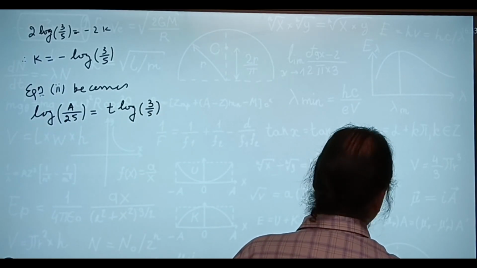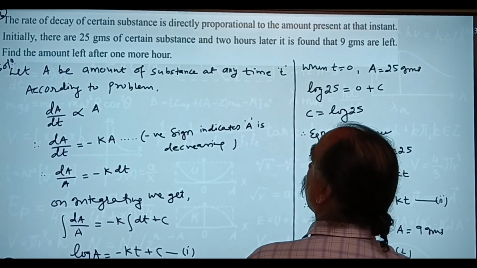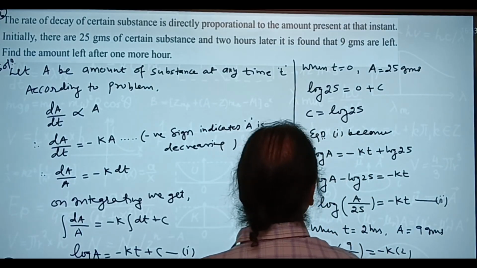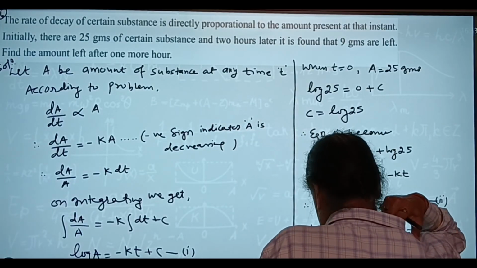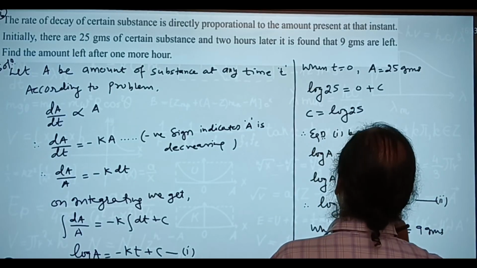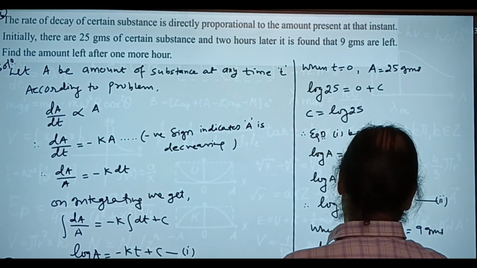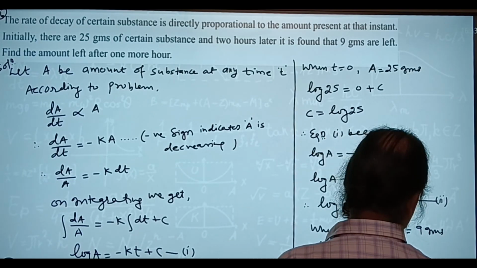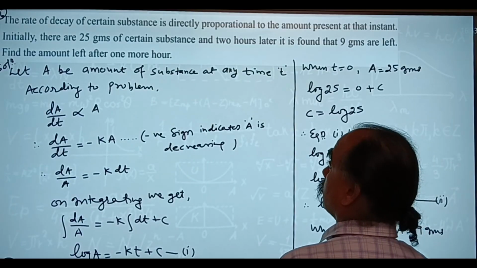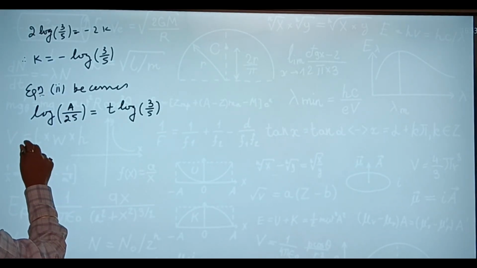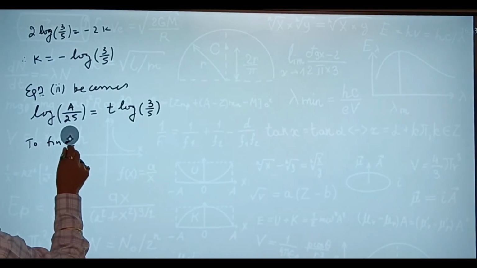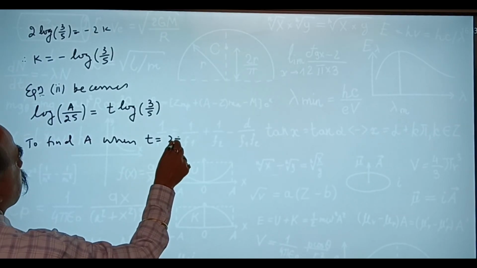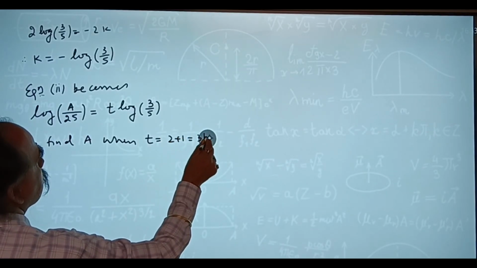Now what do they want? After one more hour. This was after 2 hours, so one more means after 3 hours. A we have to find out. To find A when time becomes 2 plus 1, 3 hours.